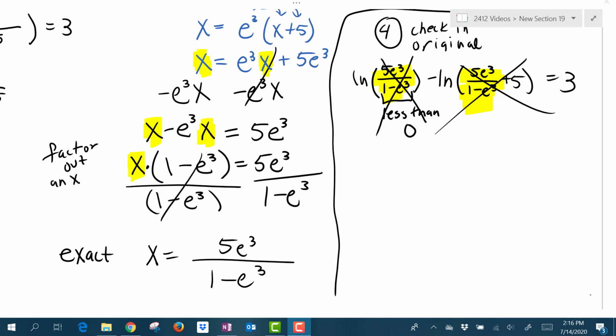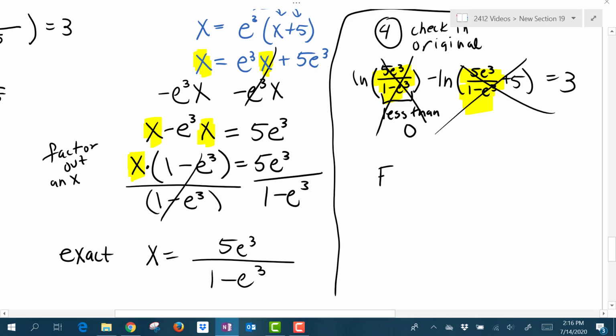Now, if this solution had worked, then we would put this in a box, and then we would go find an approximation of that solution. All right. So make sure that you're still aware of that process that we use to find that exact solution, even though in this case it didn't work. So what happens when we have one solution and we try it and it doesn't work in the original equation?